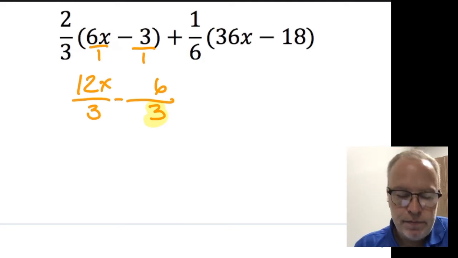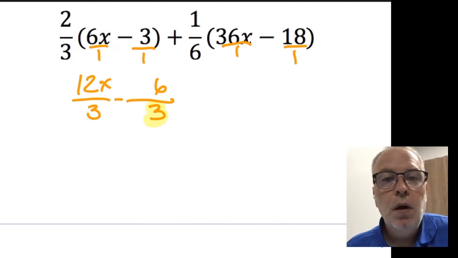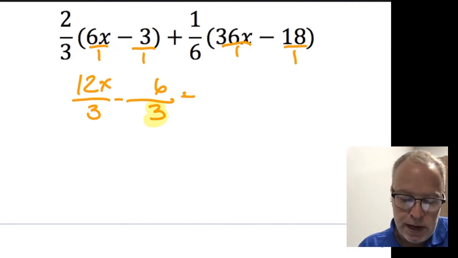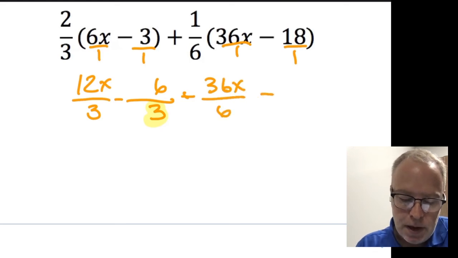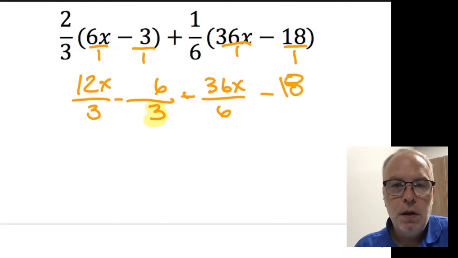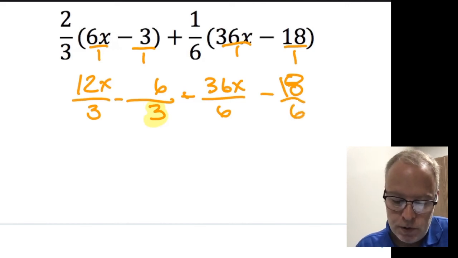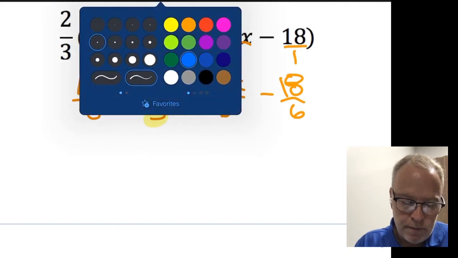Now for the second half, part 2. Oh my Lord. Put those whole numbers over 1 so that we can take 1 times 36, and we get 36x over 6, minus, then 1 times -18. So I'm going to put my 18 on the top because I already got the minus sign there. I didn't want to put it there twice. And then over 6. All right, we're making good headway here, folks, believe it or not.